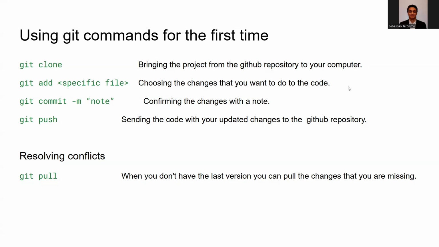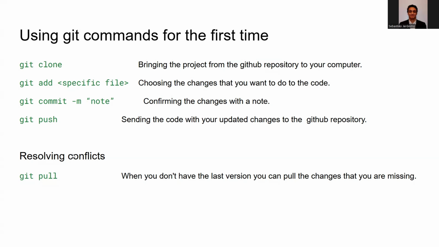Imagine if you change a file, you add this file to essentially say, I want to alter in the repository this change that I made. Git commit is to confirm the changes. Dash m with a note is to include a message describing the changes that you did.